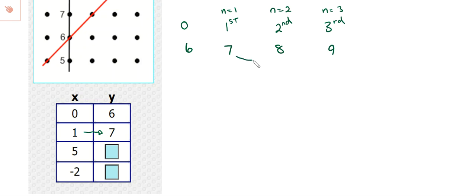And it's just a +1 pattern. Now, what's important for you to realise is 0, 6. What's the 0th number? 6. Doesn't make sense, does it? We have a first number, we have a second number, and a third. That makes perfect sense. Right?